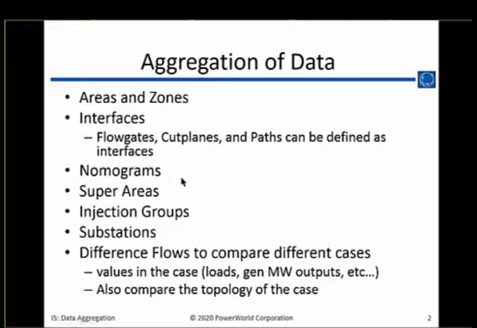Nomograms are something that we added to the software many years ago, actually to help in the Northwest with some of the analysis. And what that involves is two different interfaces that can have their own individual limits, but then also have a limit in the two-dimensional space involving both interfaces.